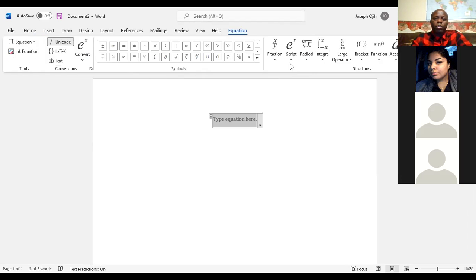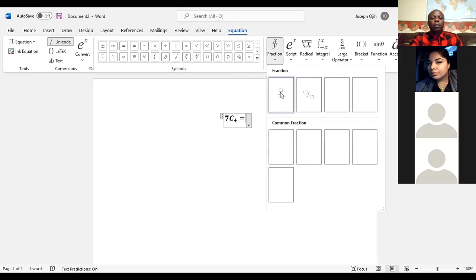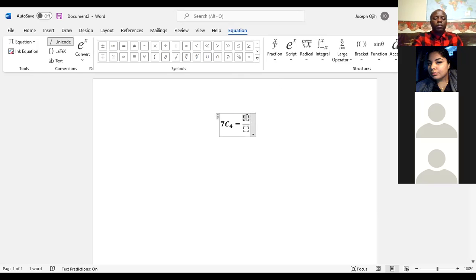I want to show you how it will look. 7 combination 4 will look like this: 7 factorial divided by 4 factorial times 7 minus 4 factorial.